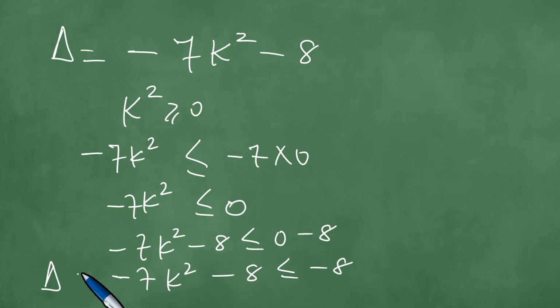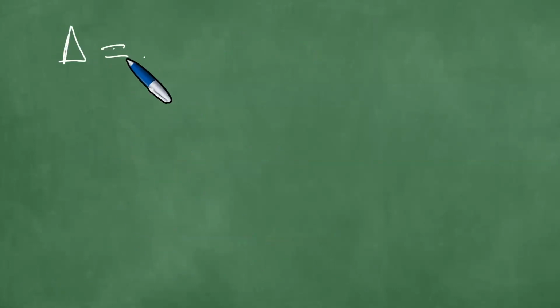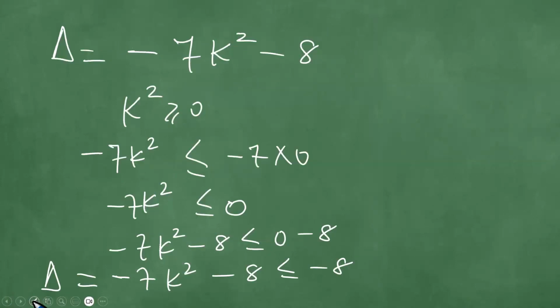Okay, this is therefore delta, which equals this. Right, so obviously at this point, delta is minus 7k squared minus 8, which is less or equal to minus 8.